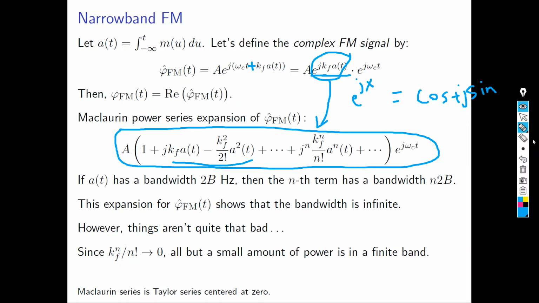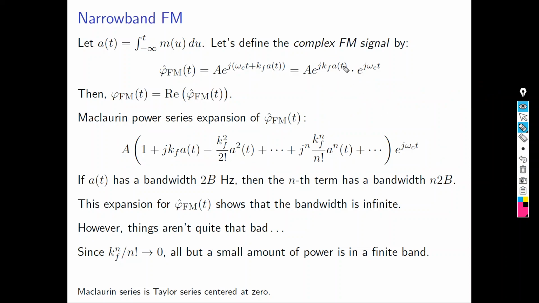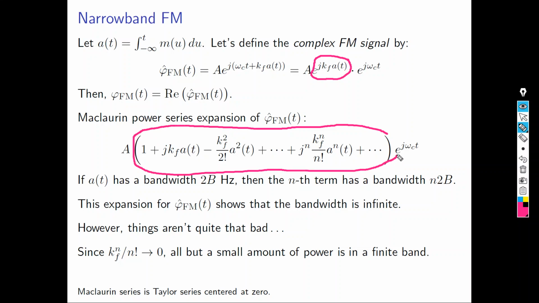Any exponential function can be expanded using the power series expansion method, and this can be written in this format. The goal here is to take just a few terms that can represent the whole signal.